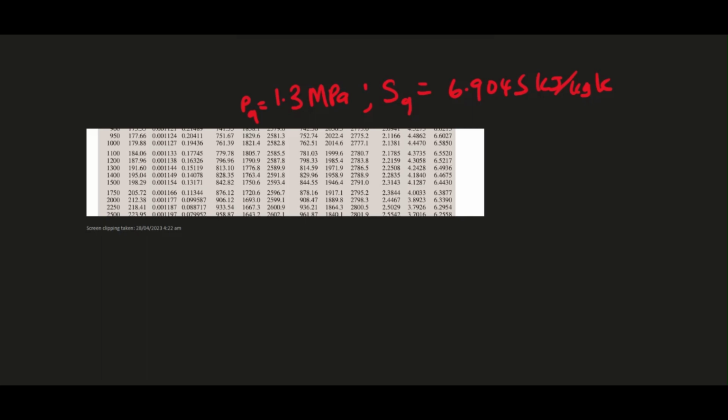So what I will do is go to the saturated liquid table at my pressure of 1.3 megapascal and compare the value of my entropy at SF.